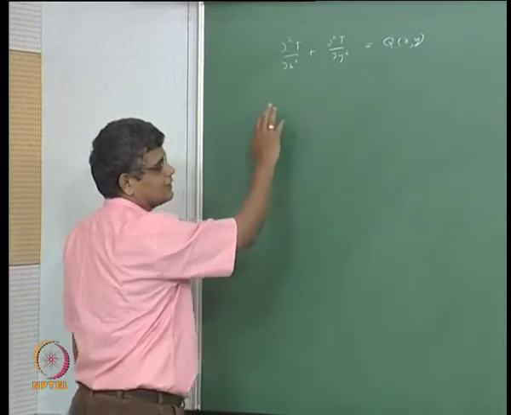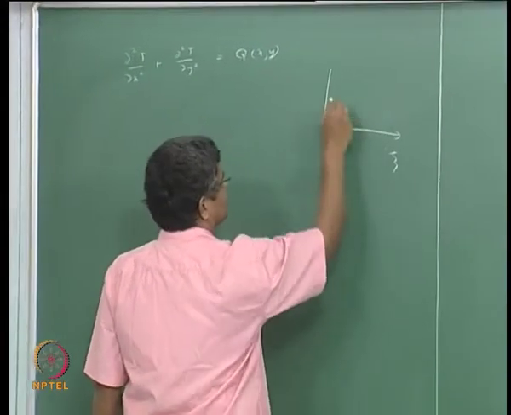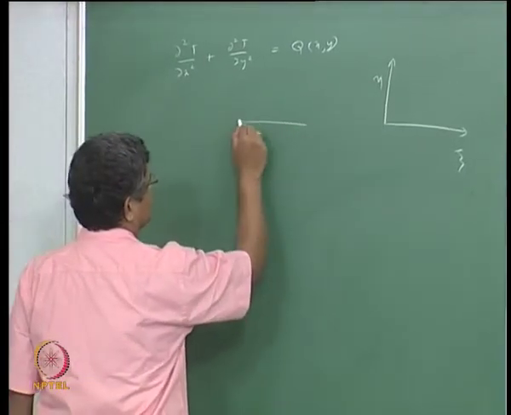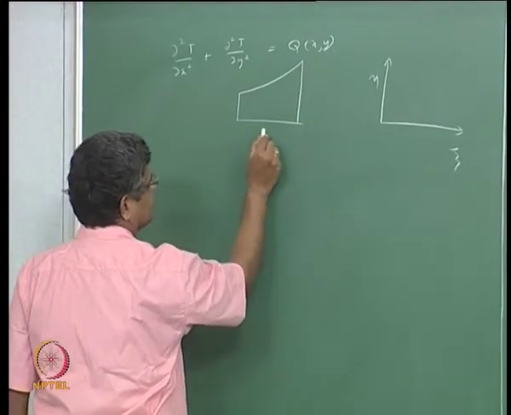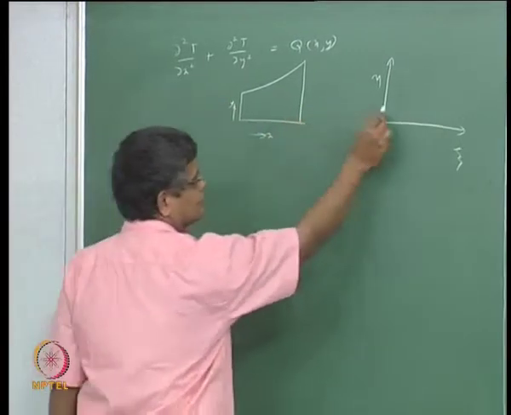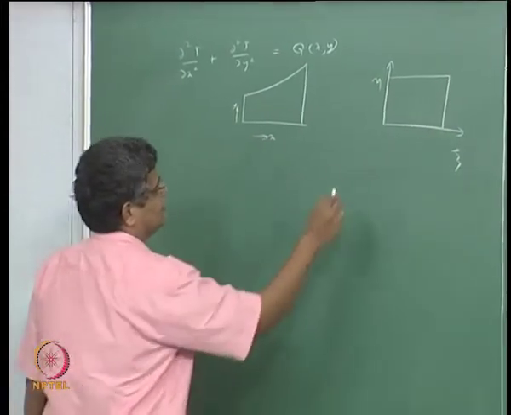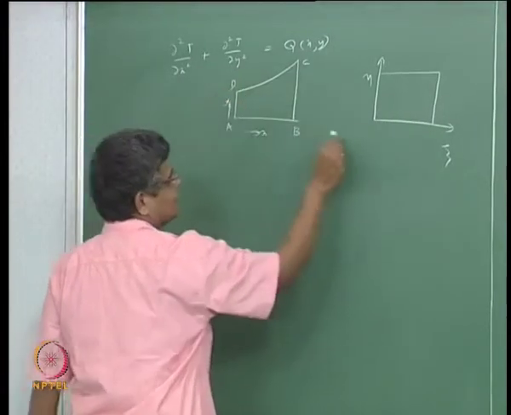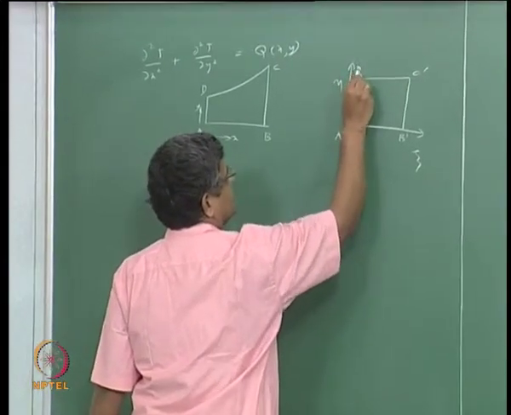Now when we are trying to solve this in a computational plane in 2 dimensions in terms of psi and eta, our physical domain may be, for example, like this. This is x and this is y. This is transformed into the computational domain, and here if this is A, B, C and D, this is A prime, B prime, C prime and D prime.